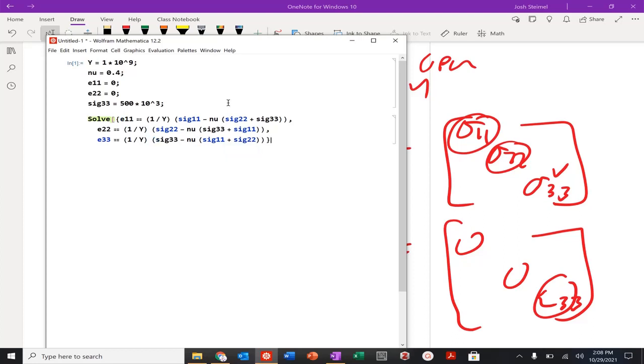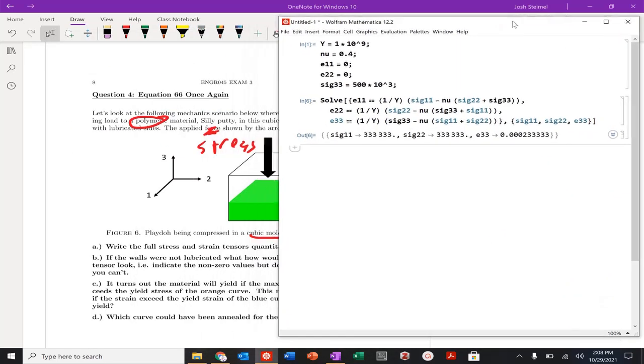And we'll close that up. I'm going to do sigma 11, sigma 22, and then sigma 22, and E33. Let's see what we get. And let's look at these values.